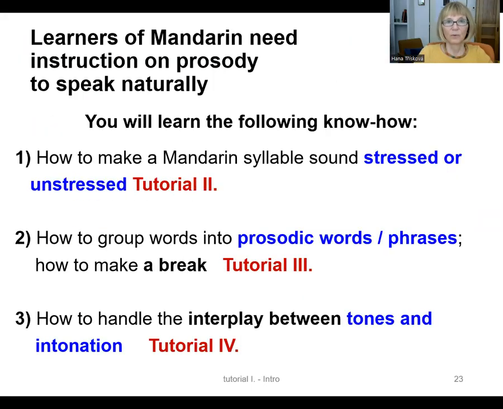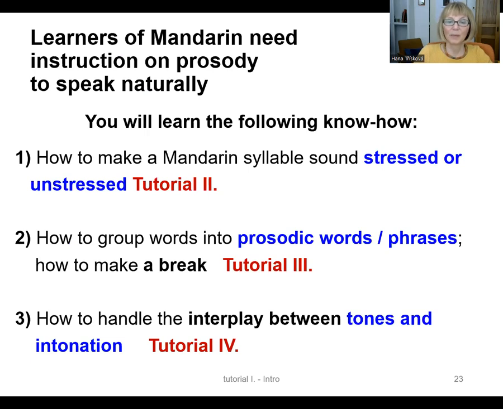So we saw that prosodic features are quite important, and it follows that learners of Mandarin need some instruction on prosody to speak naturally and not just to glue isolated words together. So this will be our task. You will learn the following know-how.